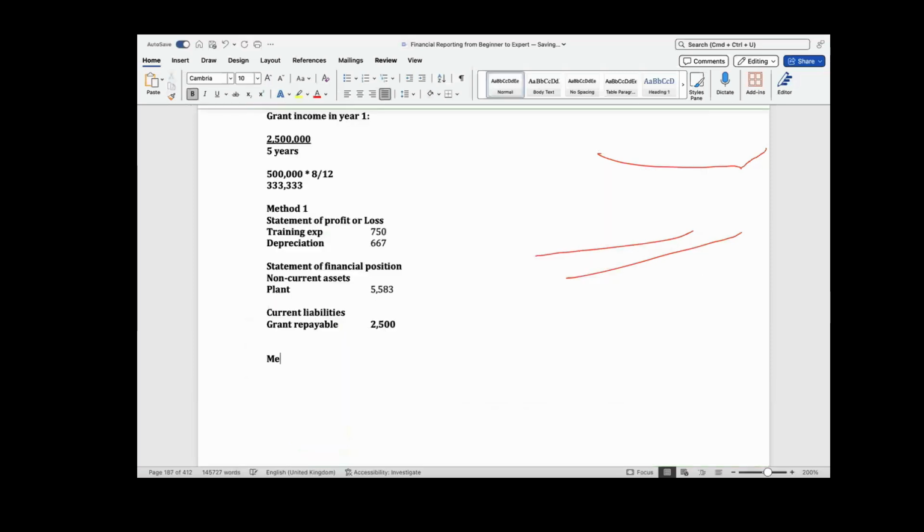For method 2, I will have my statement of profit or loss. My training expense is 1,750, and my grant income is 1 million. This is the one relating to training.